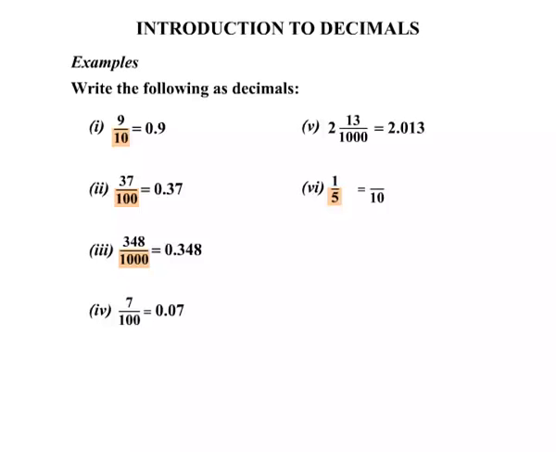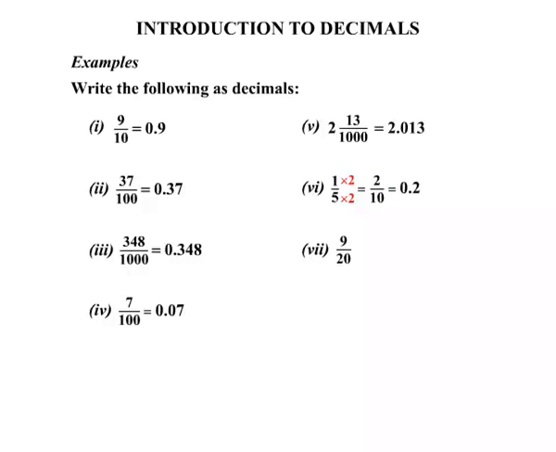To do that we multiply by 2, so we do the same to the top. 1 times 2 is 2. So we have 2 tenths, and we can write that as 0.2. The reason we could write that is because it was over 10, so it was one decimal place.